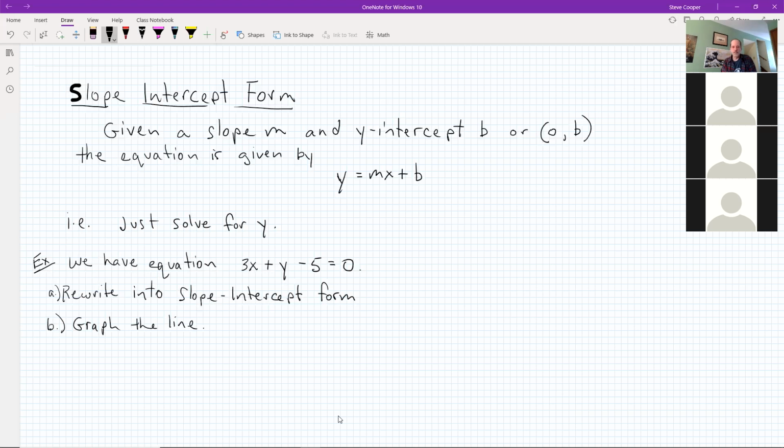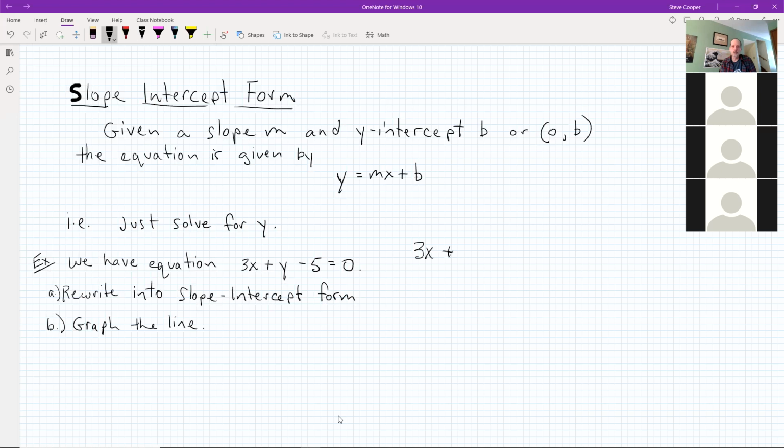So this equation is not in slope-intercept form simply because it's not solved for y. So all I have to do is move all my terms that aren't y over to the other side and isolate y by itself.